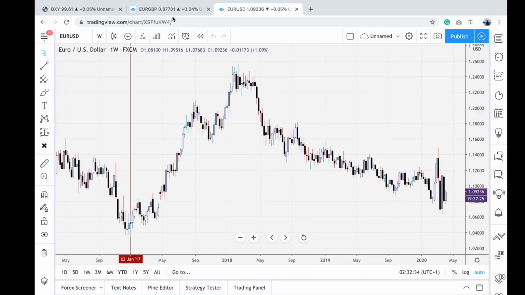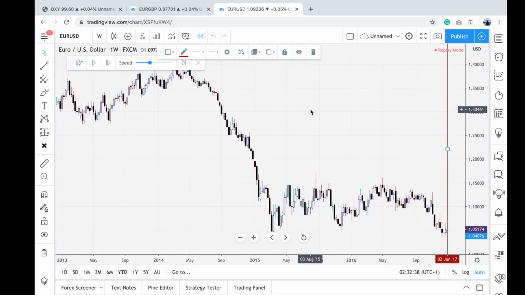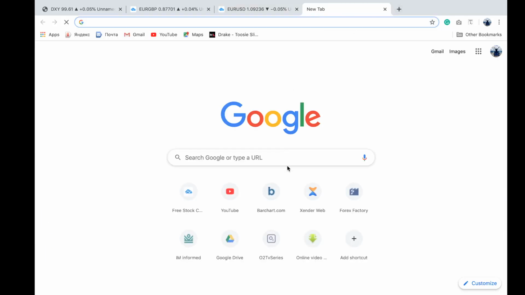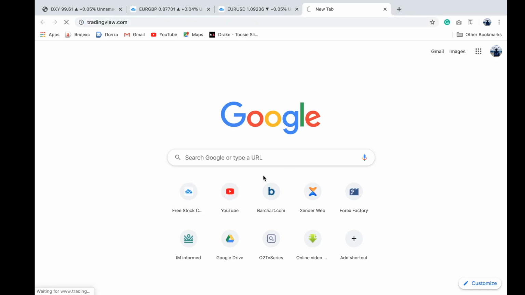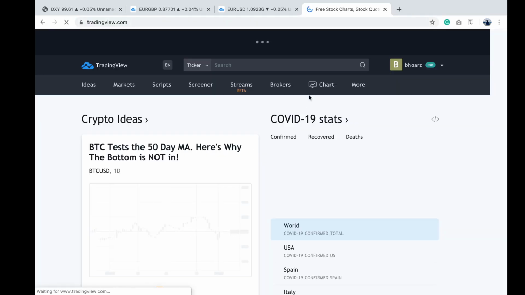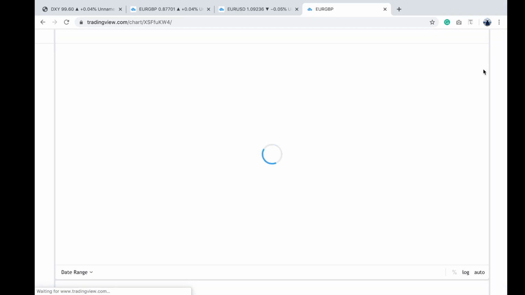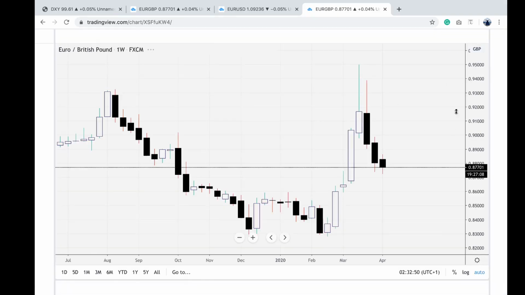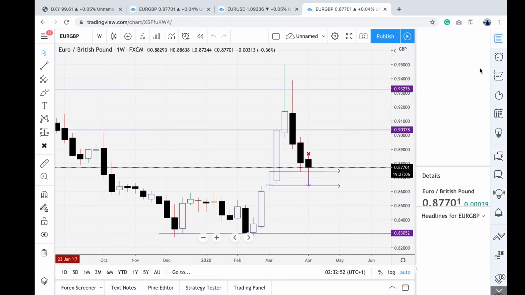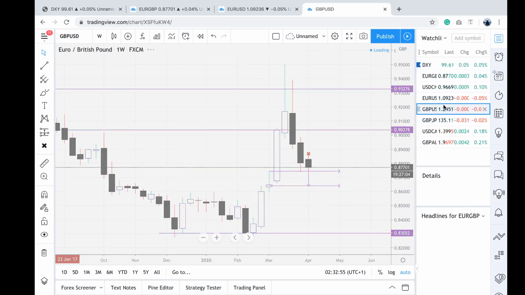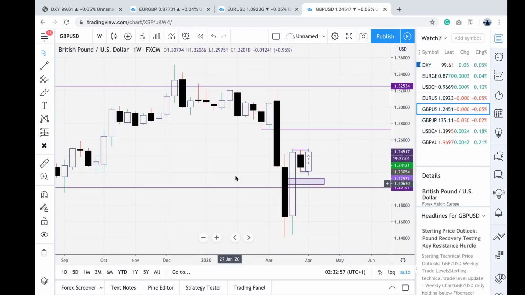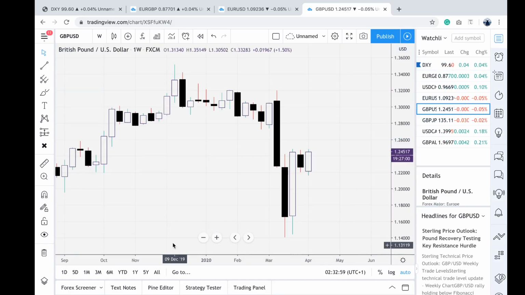Okay, so we made a mistake. We'll set that up. Then one more tab, trade pound dollar. Okay, so pound dollar, we set that up also. So remove all drawing tools.